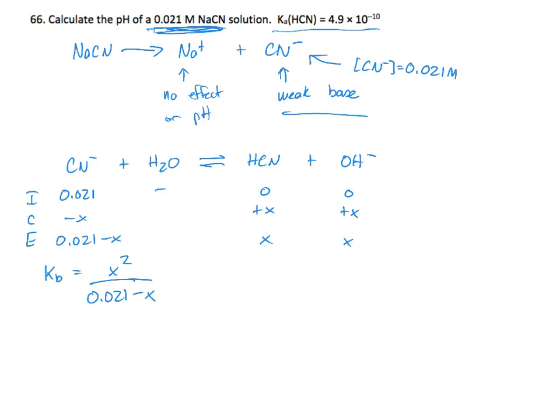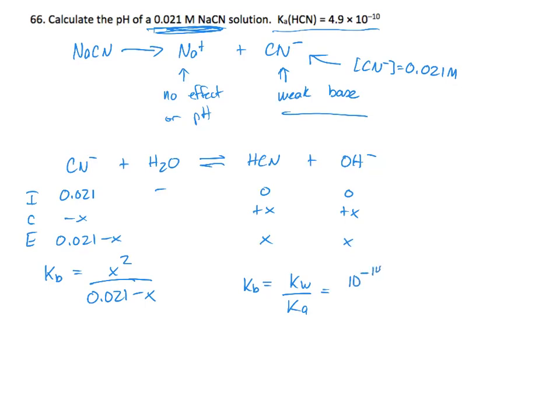So first problem we might recognize now is we don't know what the Kb is for this compound. However, we have the Ka for the HCN, so we can use that. We know that Kb is going to be equal to Kw over Ka of its conjugate acid, which is provided in the question.